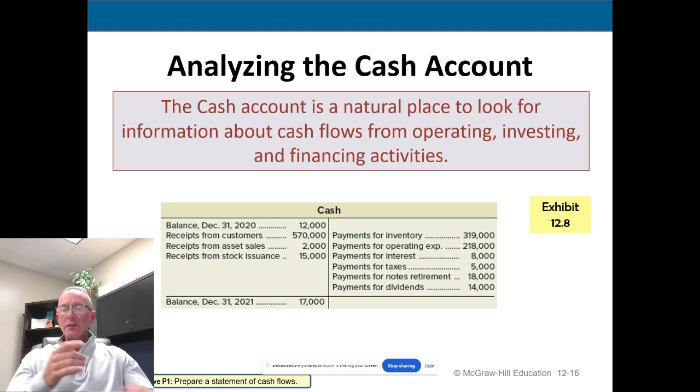All right. So you've got two methods, and that's what this slide is saying. We have two ways of doing this. The natural way to look for information is to just go to your cash account. That's called the direct method: pull up your check register and look for deposits and checks, and see how I got from point A to point B in my checking account.